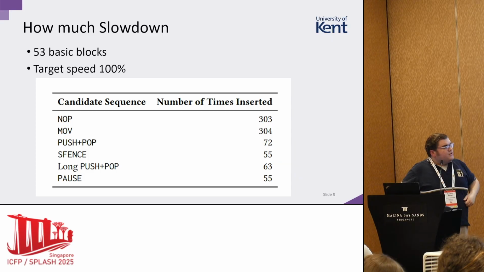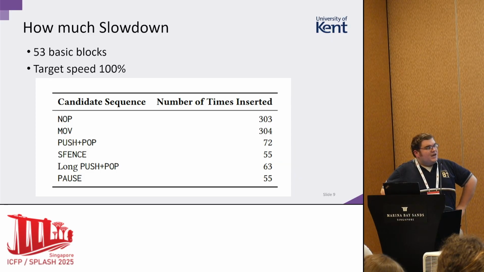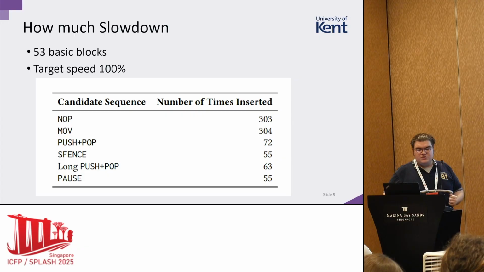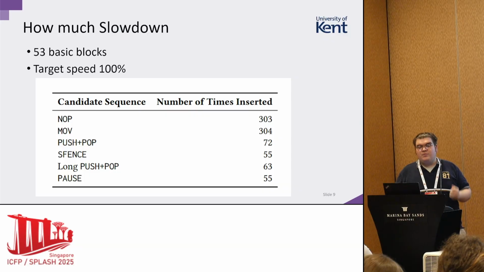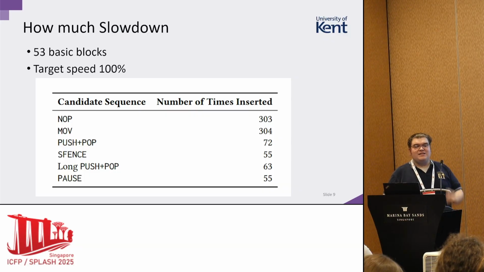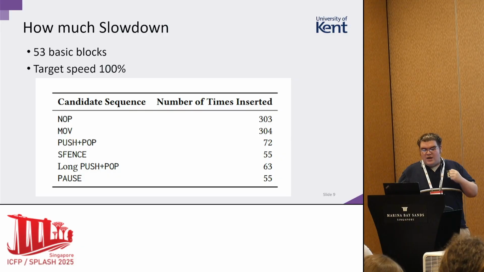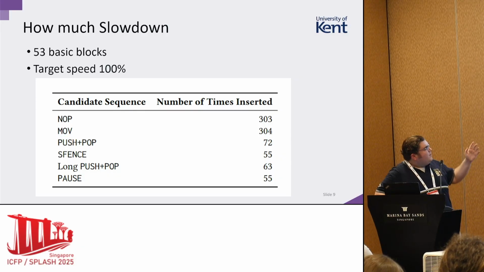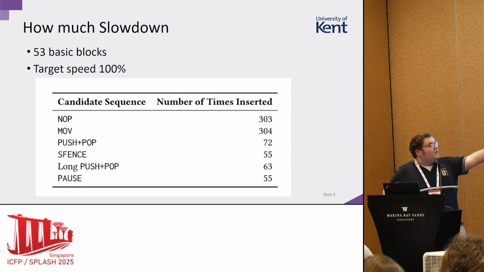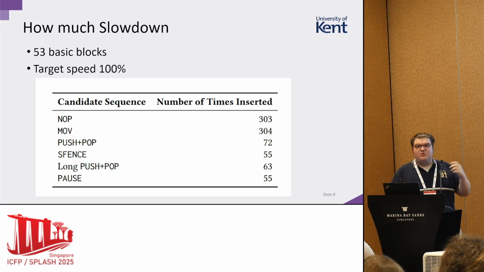So, how much slowdown did we actually add? For the Towers of Hanoi benchmark, there are 53 basic blocks that actually consume some amount of execution time. We set a target slowdown of 100%, and we required that each basic block had at least a minimum of one slowdown. NOP and MOV clearly have far more slowdown instructions. This starts to hint at the degree of granularity we had with slowdown with the NOP and MOV.